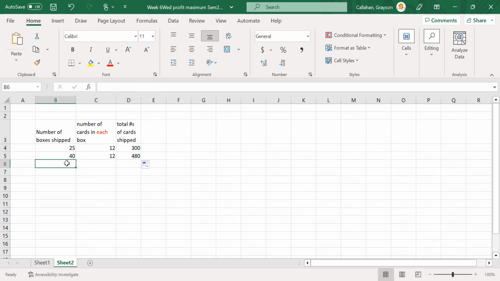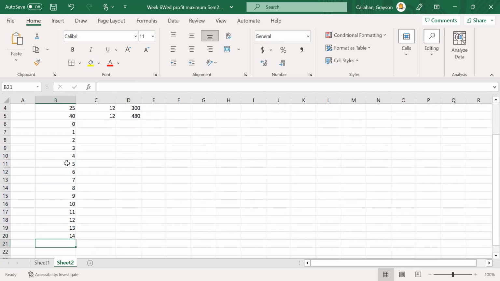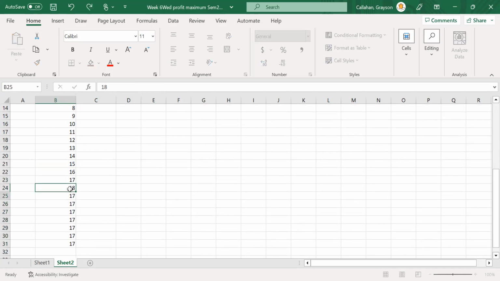So let's take a look. What if there was 0 boxes? What if there was 1 box, 2 boxes, 3, 4, 5, 6, 7, 8, 9, 10 boxes, right? 11, 12, 13, 14, 15, 16, 17. Should we just keep going? Oops, we need this in. Oh, actually, it's not doing that. 18, 19, 20.